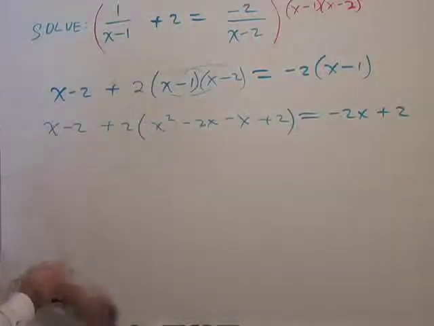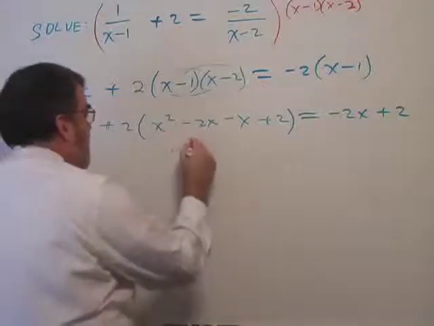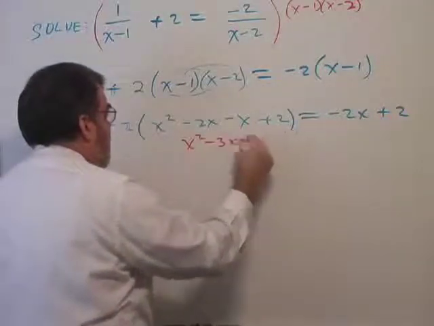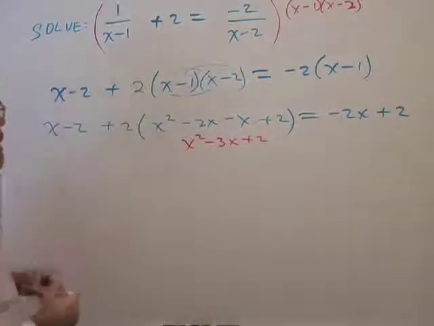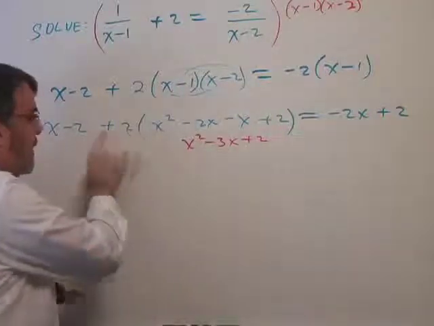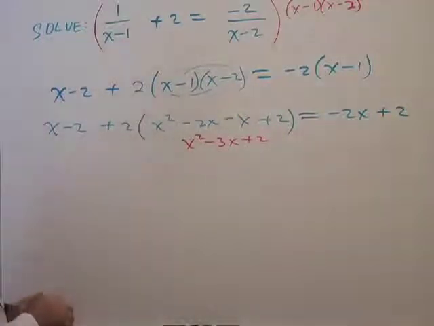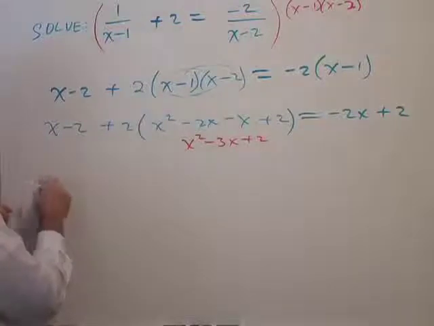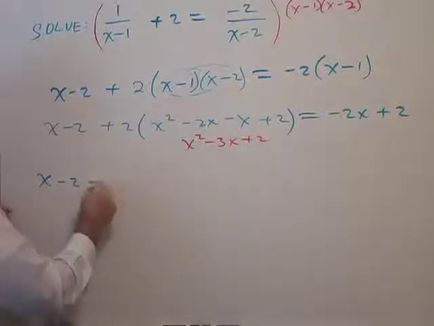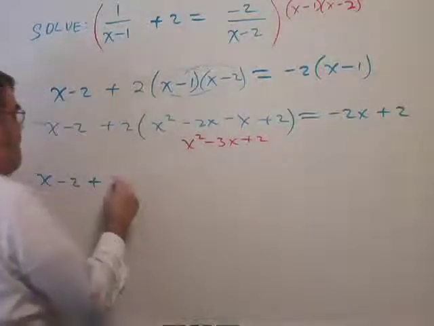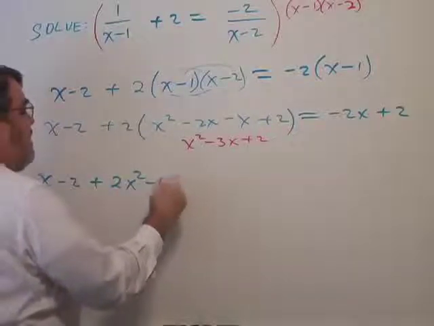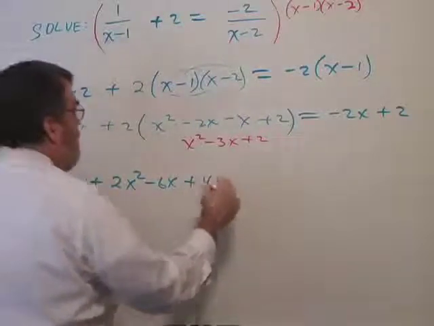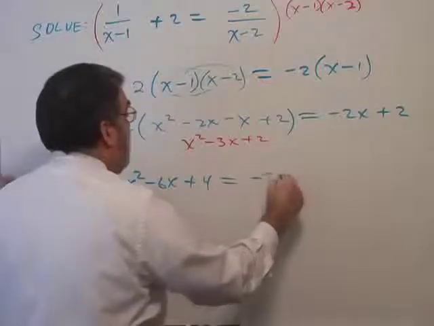So this part will simplify to x squared minus 3x plus 2. And now let's multiply it by the outer 2 on the outside of the parentheses. And we get x minus 2 plus 2 times all this, 2x squared minus 6x plus 4 equals negative 2x plus 2.